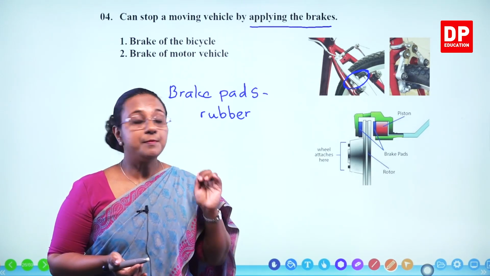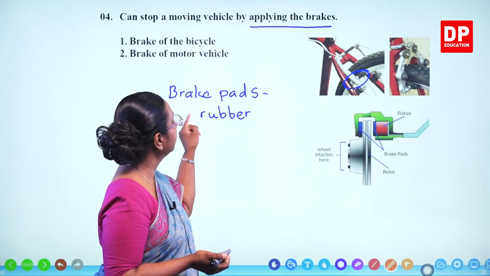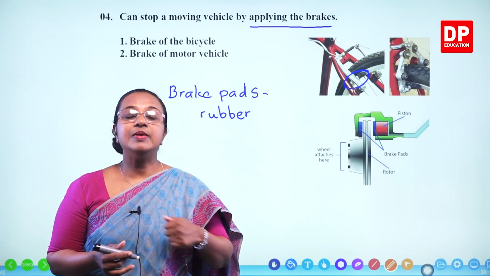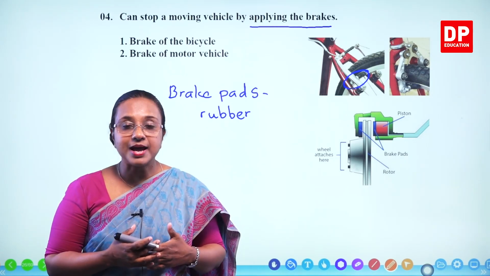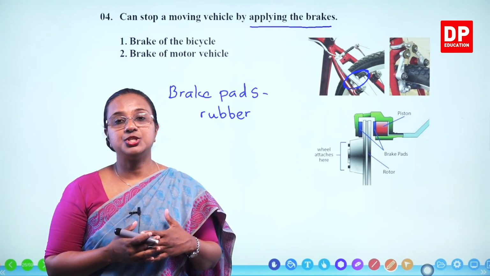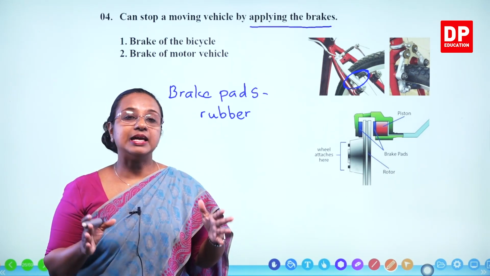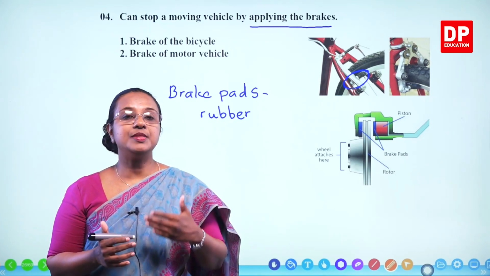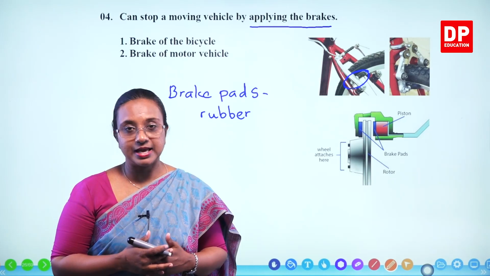But if the rubber pad wears off, it becomes smooth, then you will not be able to apply the brake efficiently. So you have to make sure your brake pads are in good condition so that you will be able to stop the bicycle on time.